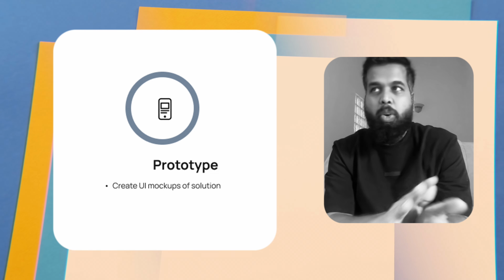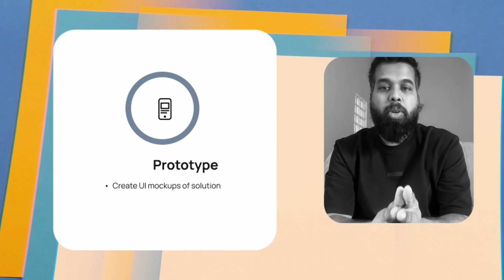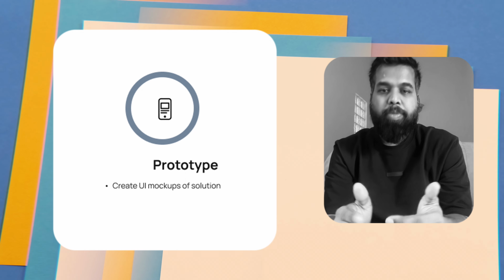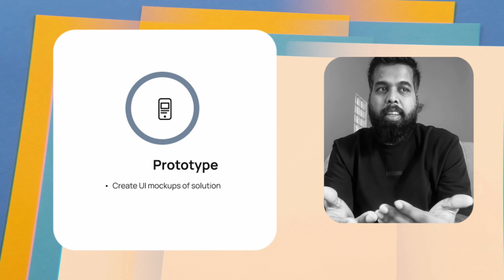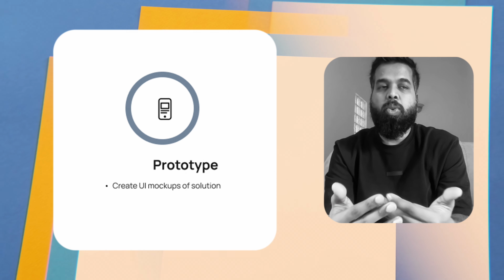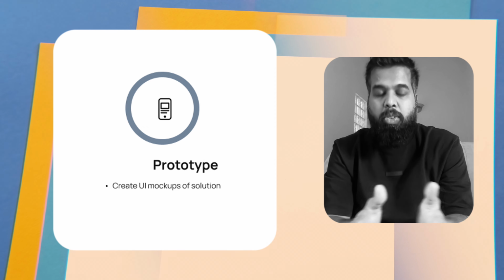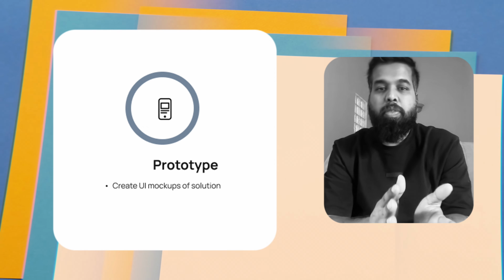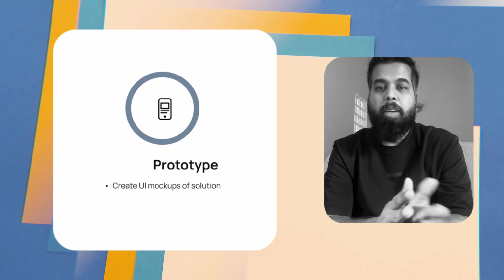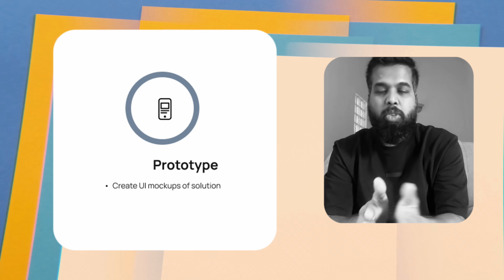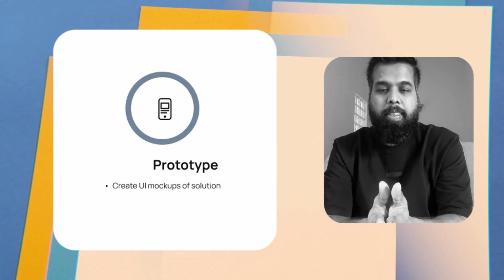After all these visual designs, we create a prototype. A prototype is a set of click-through screens that you can give your users or the stakeholders of the company, an actual visual representation, the look and feel of your final application, by giving them these clickable screens of your design.